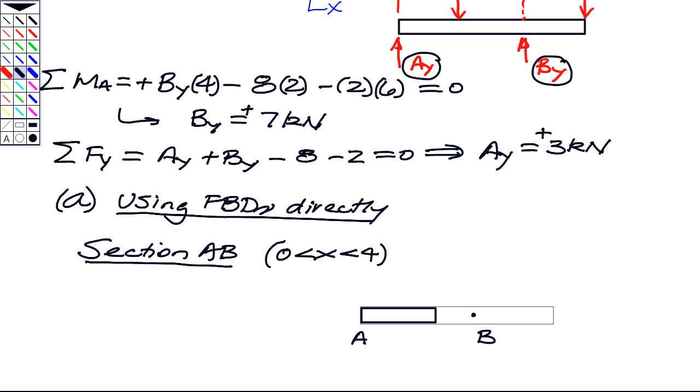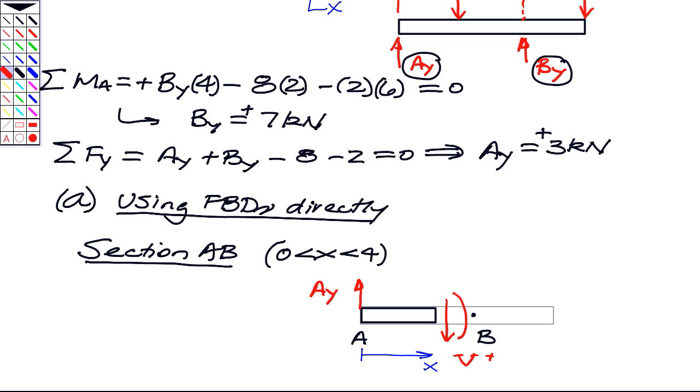The cut that I'm making through here is at the value of x. So the forces acting on this FBD are going to be the applied force AY. There's going to be a shear force V on the right face. It's positively down, so I'm going to draw it that way.